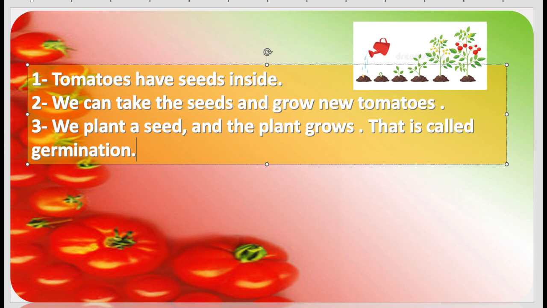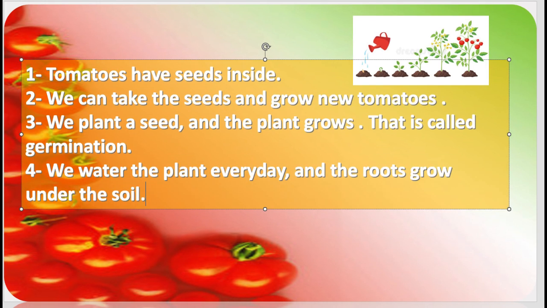Step number 4, we water the plant every day and the roots grow under the soil. That's right. When we water it every day, what's going to happen? The roots grow. So what is the meaning of roots?